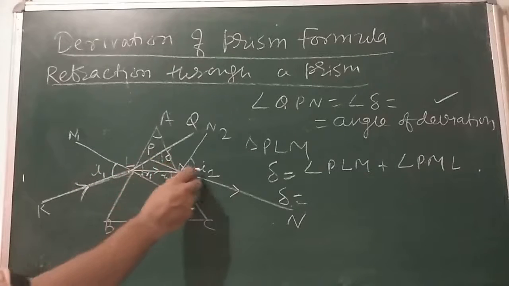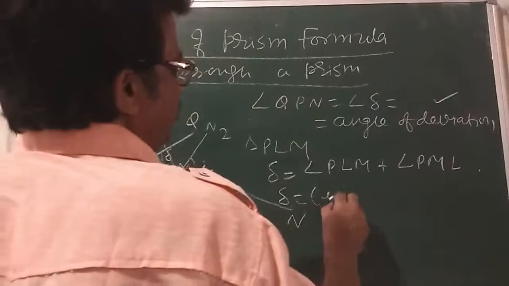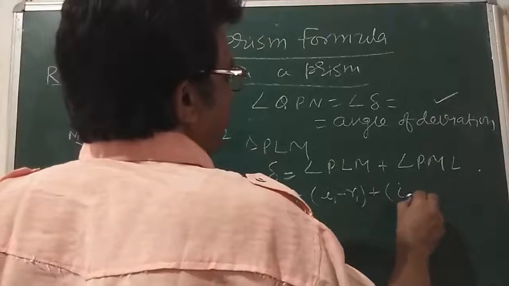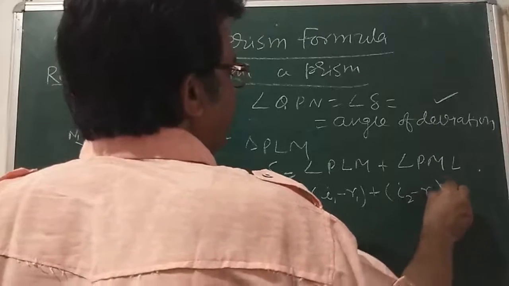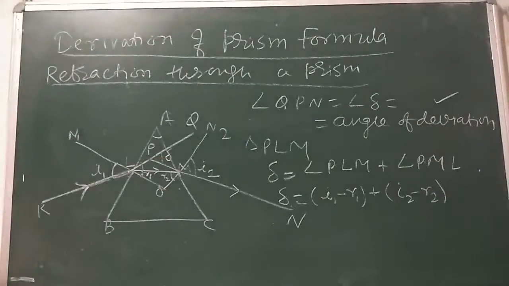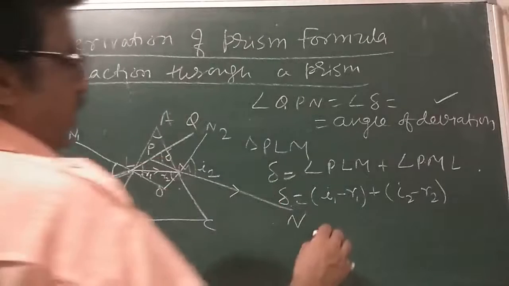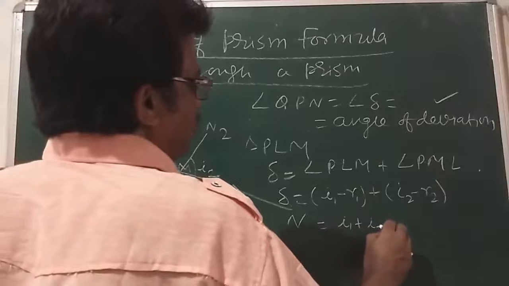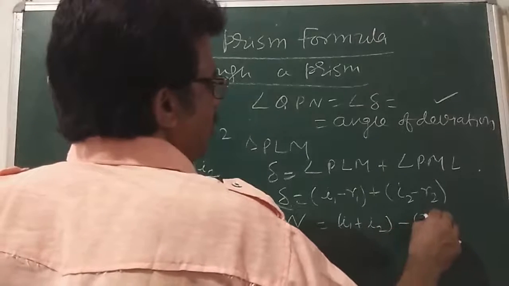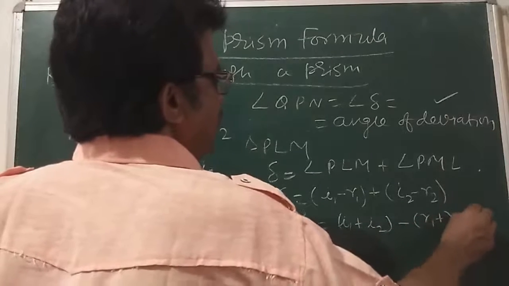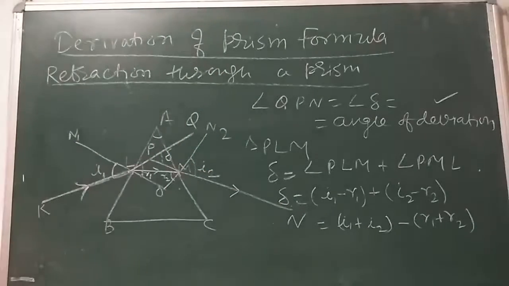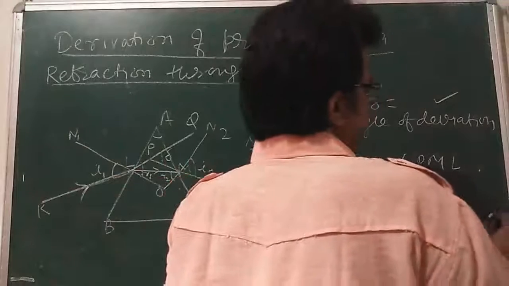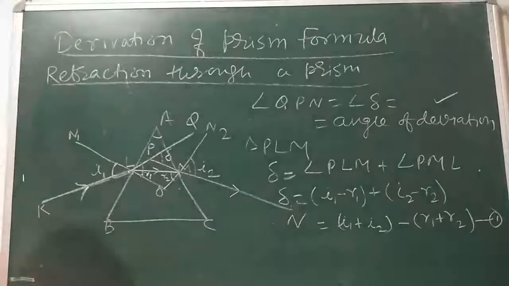Similarly, PML is equal to I2 minus R2. So delta equals I1 minus R1 plus I2 minus R2. So I can write I1 plus I2 minus (R1 plus R2). This is delta. Say this is our equation number 1.